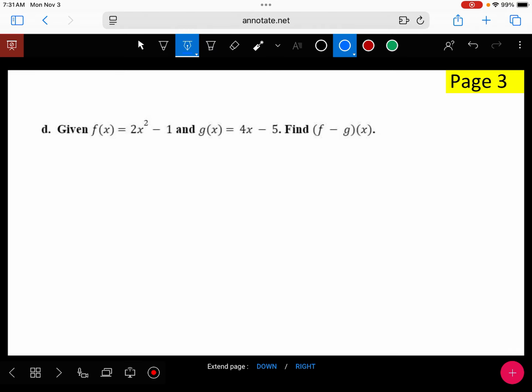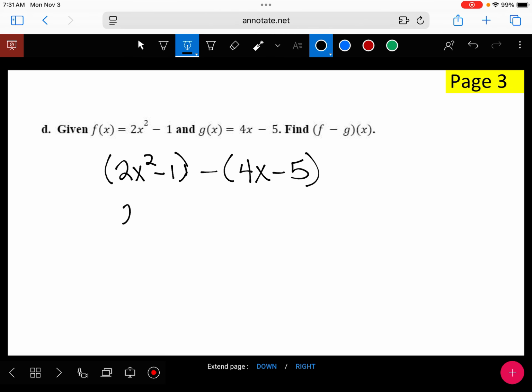So now this says f, so I'm going to go ahead and write it out. So I got my f, which is 2x squared minus 1 minus 4x minus 5. Then I'm going to change this to an addition question.